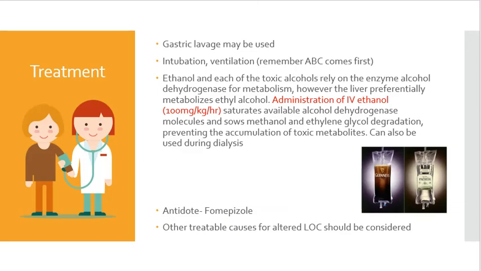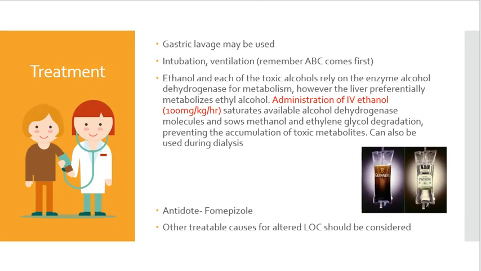However, the liver preferentially metabolizes ethanol, alcohol. So therefore, the administration of IV ethanol saturates available alcohol dehydrogenase molecules and slows methanol and ethylene glycol degradation, preventing the accumulation of toxic metabolites.